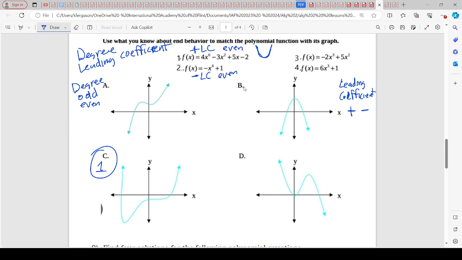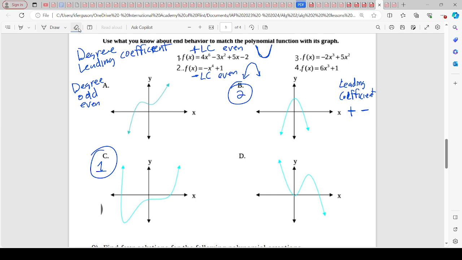So what do we know about that? What is that behavior? It starts low and ends low. Yep. If it's even, it starts and ends in the same direction. That's another way you can think about it. So I'm looking for which one of these graphs starts low and ends low. That's B. Starts low and ends low.